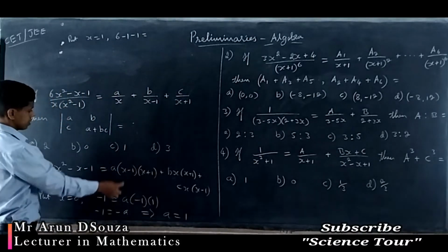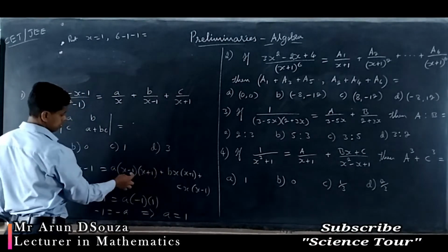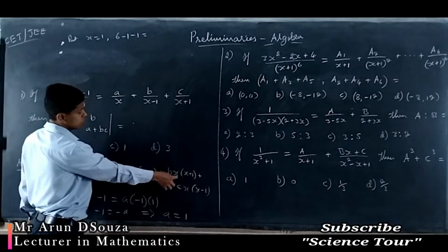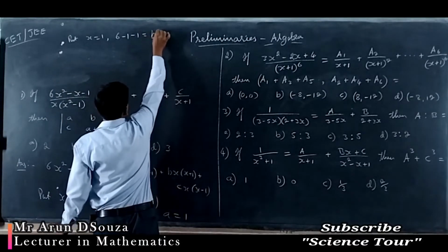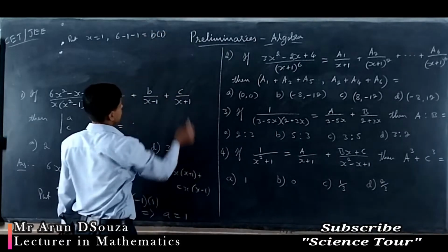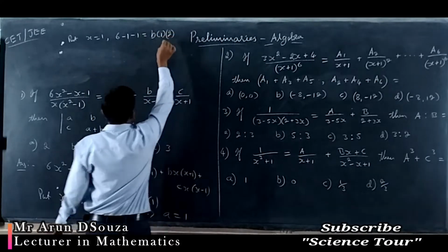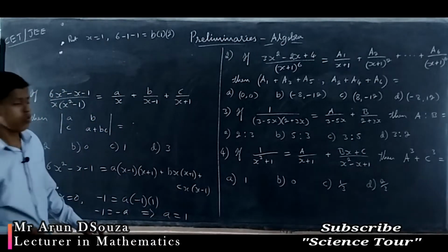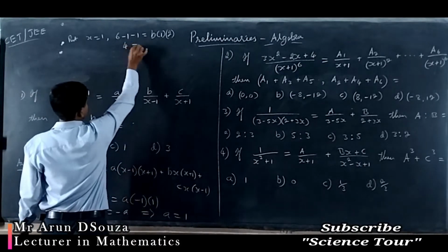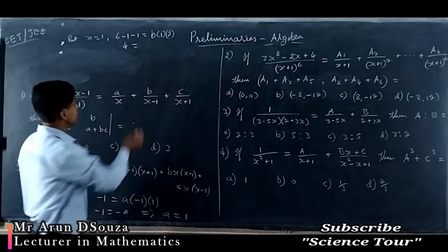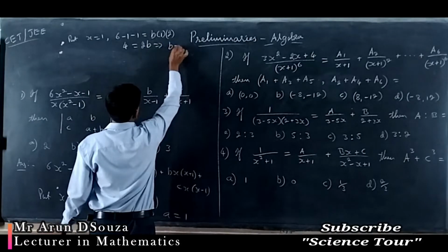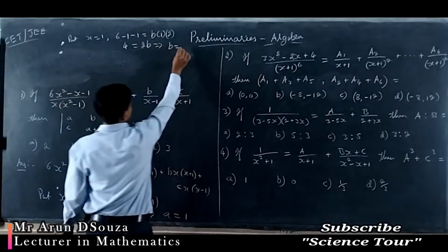Well, the next thing is I am making these two things 0, so this will remain, correct? So b into 1, and this is 1 plus 1, that is 2. Now this is like 6 minus 2. 6 minus 2 is 4, that is equal to 2b. So which tells me b is equal to 4 by 2, which is 2.